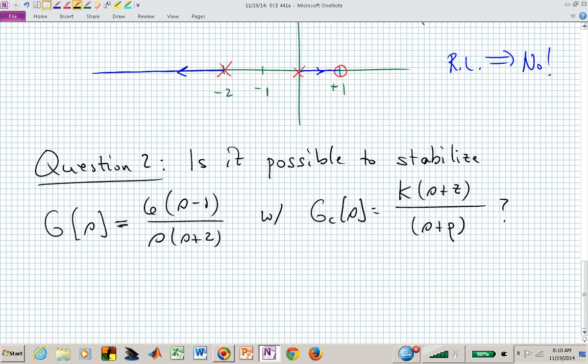Take a minute to figure that one out. Again, especially after we've done this a time or two, it will take you less than a minute is the intent. Can you stabilize that system with a first order controller?